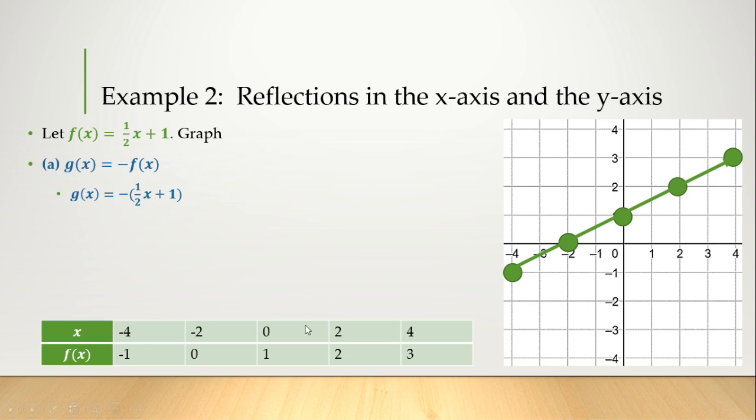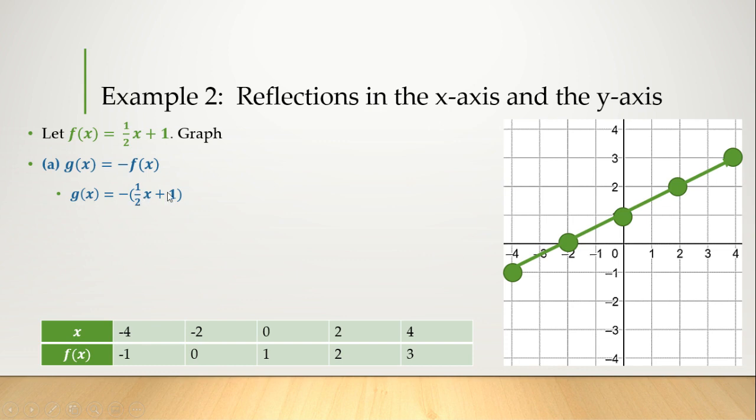Now we've got the negative in front of f of x, so I'm going to rewrite all of f of x, 1/2 x plus 1, and put a negative in front of it. And done. That's the equation. I just substituted f of x. And now I would go through the process of putting in all my x numbers. Half of negative 2 is going to be negative 1.